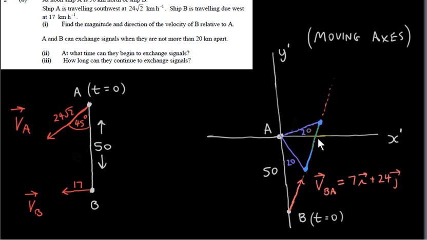Well, actually, more specifically, we're interested in the interval of time for which the ships can exchange signals. So we will be interested in the time when ship B is here and the time when ship B is here. And by subtracting the two times, we can find the interval of time for which the ships can exchange signals, for which the ships are less than 20 kilometers apart. So the ships will be less than 20 kilometers apart when B is along here.